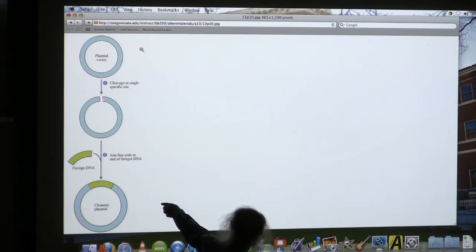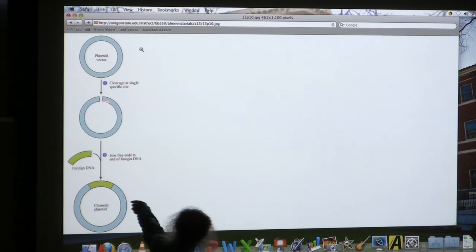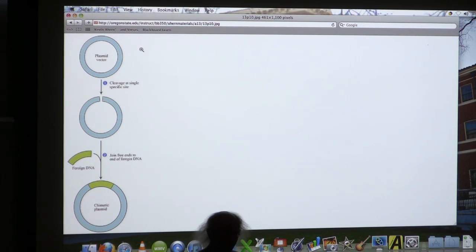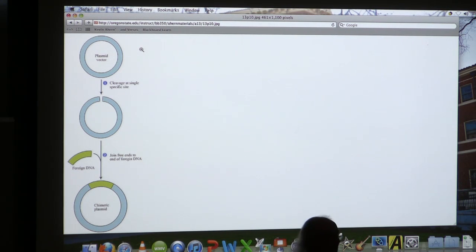And I cut with EcoR1 and I insert my fragment. If this plasmid comes back together without the fragment, I'm still going to have a functional beta-galactosidase gene. I'm still going to have blue color, right? So all the ones that don't have a fragment are going to have a blue color.